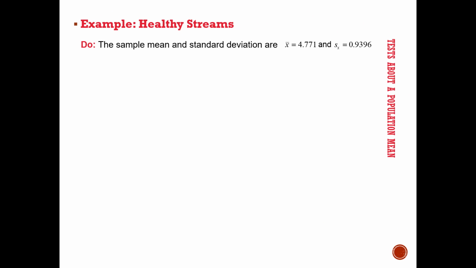Okay, for the do step, now we have to actually calculate our t-statistic and our p-value. So the sample mean and standard deviation, this came from putting this into my calculator, are x bar equals 4.771 and s sub x equals 0.9396. So I'm going to go through and actually calculate the test statistic.